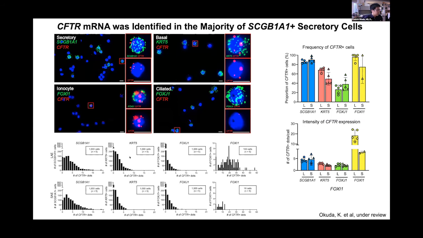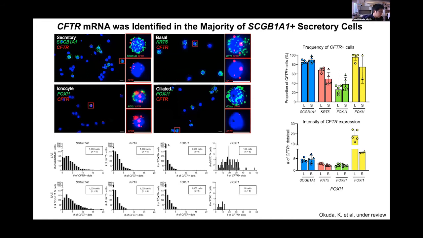So these are distributions of the number of dots per each marker positive cell. The x-axis shows the number of dots, and the y-axis shows the number of cells. This distribution shows SCGB1A1 positive secretory cells have more dots per cell, in both large and small airways, compared to other cell types. And FOXJ1 positive cells have more zero-dot cells.